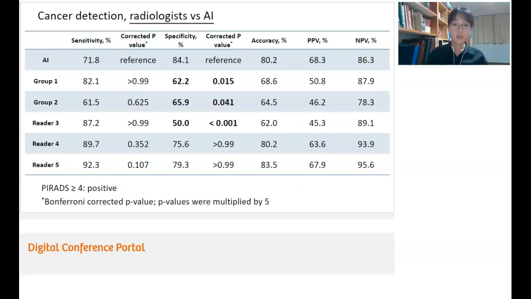The sensitivity and specificity of AI was 71% and 84% respectively. The sensitivity of AI was higher than Group 2, but lower than other radiologists. The specificity of AI was significantly higher than G1, G2, and R3. Accuracy of AI is about 80%, and it was similar to the most experienced radiologist.